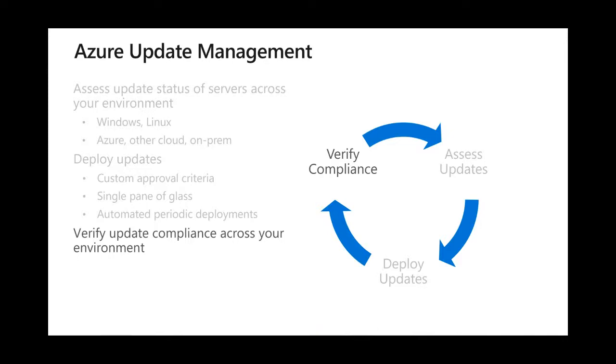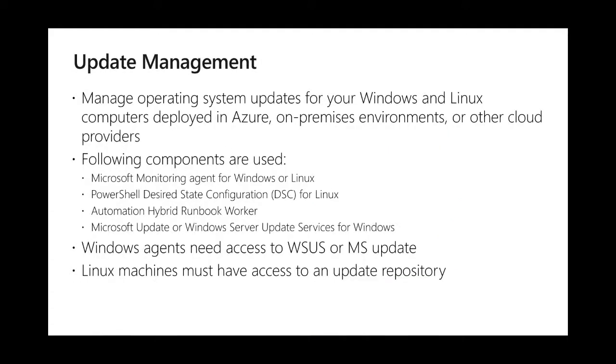You will be able to see the update compliance across your environment and easily see what the status of my VMs is. This is one of the services and solutions that I was talking about. Yeah, you will need a monitoring agent installed. If you want to use update management, you will need to install the monitoring agent on it, since it's part of being able to do the patching and the updates.